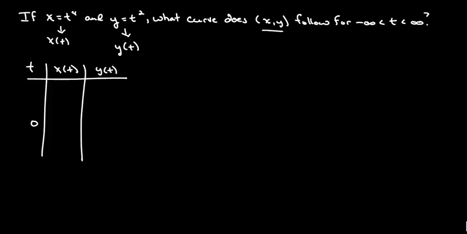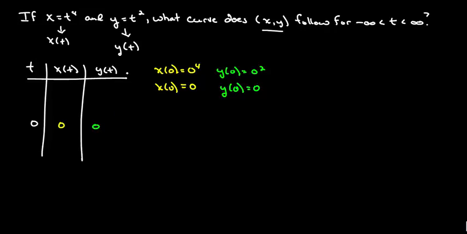Well, if t is 0, then x of 0 is 0 to the 4th, which means x of 0 will be 0. And then y of 0 would be 0 squared, so y of 0 is also 0.